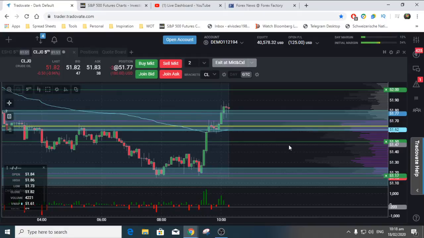Looking to keep up the guide here on the exit. Yes, it's playing a dance.